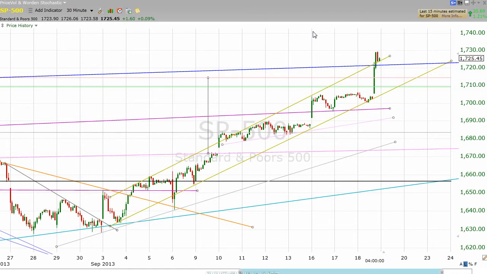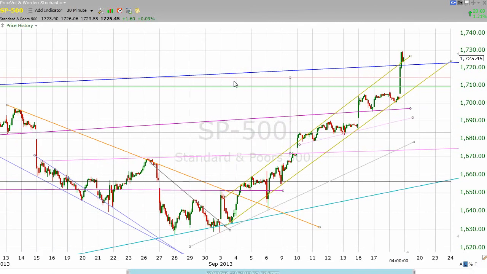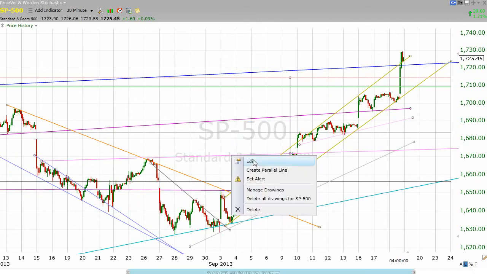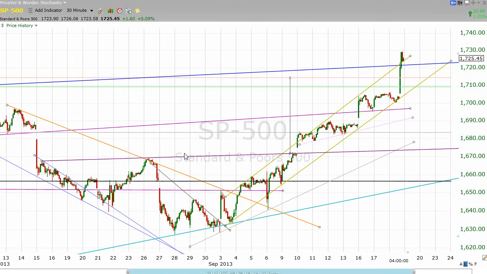So what does that mean in the context of the things that we'd been looking at over the past couple of weeks or so? Well, the first thing it means is, even though we did not get a right shoulder over here, we got our minimum expected target from our shoulderless, normally you call these head and shoulders.